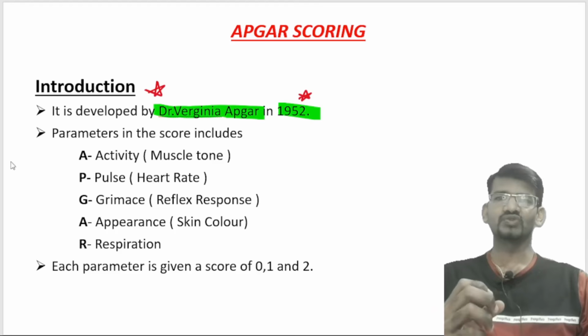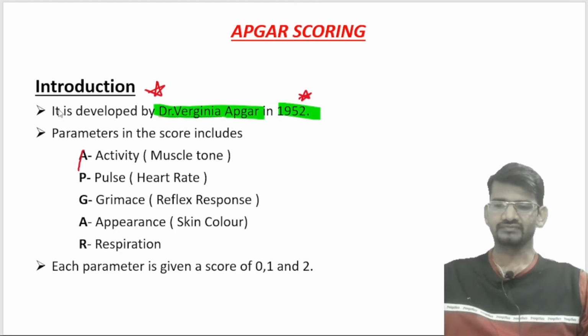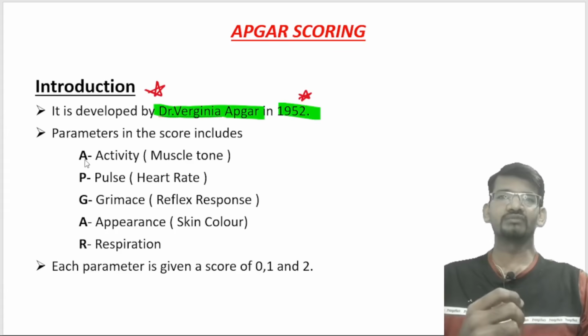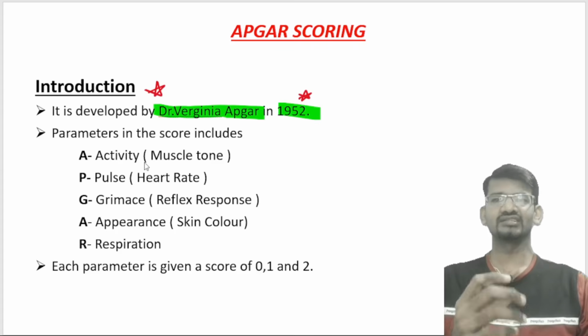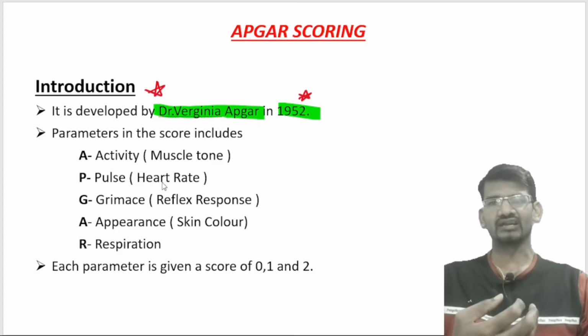In this Apgar scoring, we assess 5 parameters. To remember them, the name Apgar itself is a mnemonic, so I have denoted the parameters with this Apgar. Here it is taken in a haphazard way, but first we always go with the heart rate.